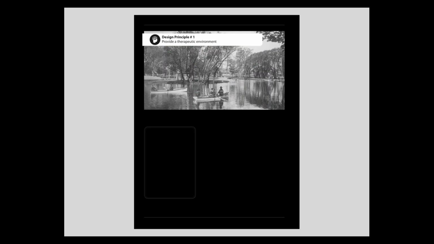So we created 7 design principles, and I'm going to go through this very quickly. And the first design principle is provide a therapeutic environment. The image you see there is actually at the Milwaukee Soldier Home, which is now the Zablocki VA. This was taken right after the Civil War, where they had an Olmstedian park in which there was activity.